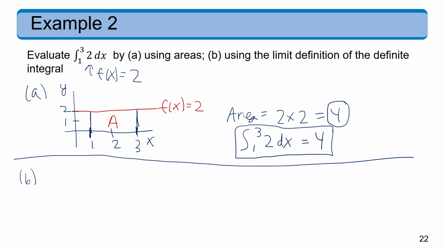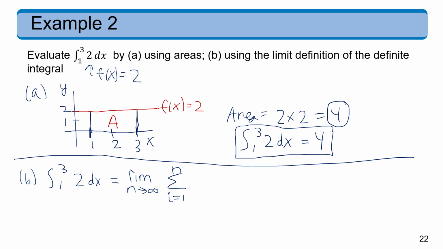So here I'm going to copy the integral. Okay, and then we want to use the limit definition. Okay, so if you remember the definition, it's limit as n goes to infinity of the sum of n terms, so our index will go from 1 to n.